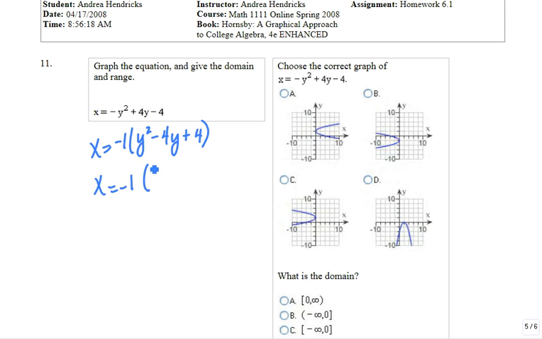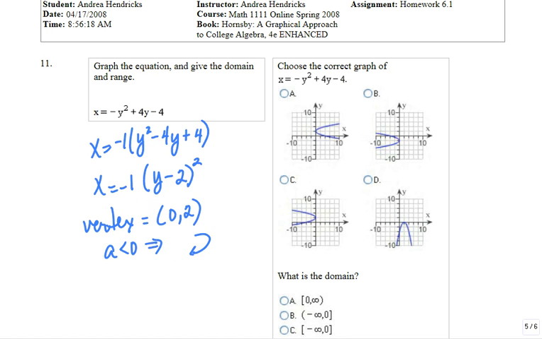So this is really the same thing as (y − 2)². So that tells us that the vertex of this horizontal parabola is (0, 2). And we know that the value of a is less than 0, which means it's going to open to the left. So we're looking for one that has a vertex of (0, 2), opens to the left.